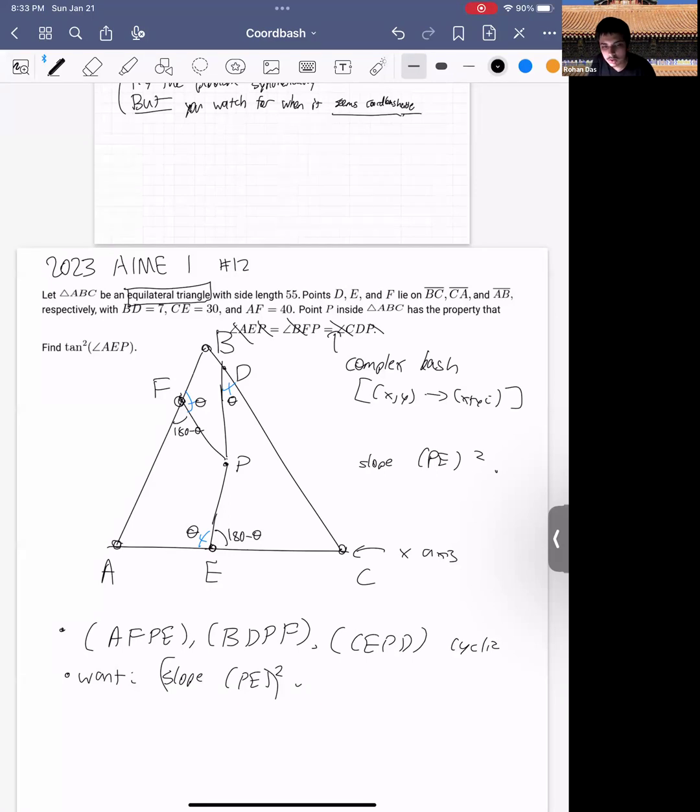The problem is that circles themselves aren't too nice to work with. But these are circles that each intersect at 2 points. For example, these two circles intersect at P and F. These two intersect at P and D, and these two intersect at P and E. And as I mentioned before, intersections of circles are nice because they are what's called the radical axis, which is the locus of points where the powers with respect to each circle are the same.